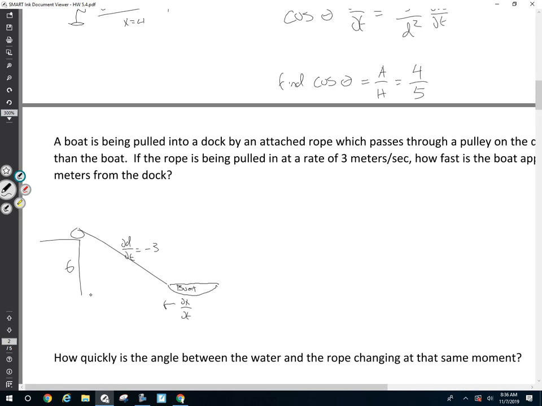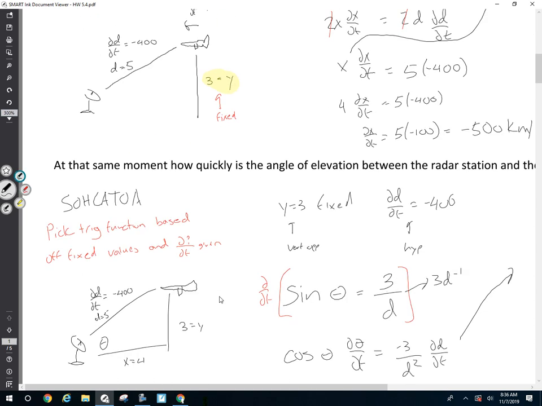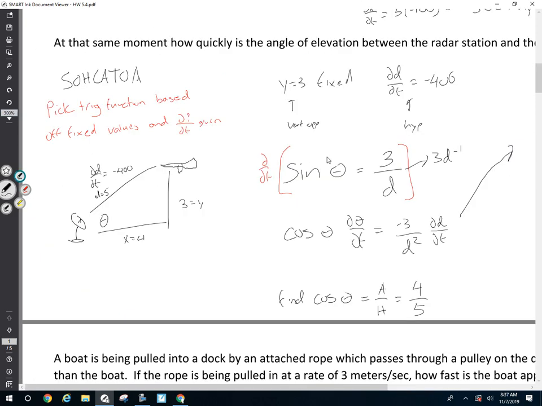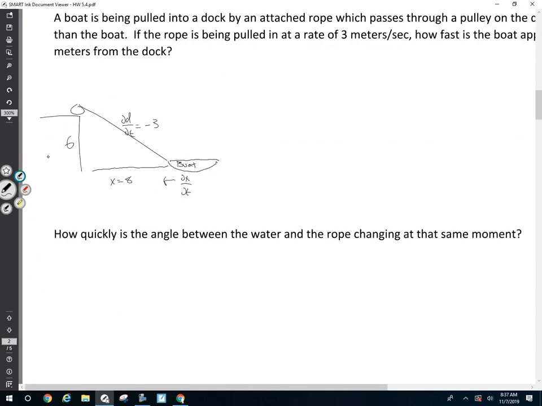When x is 8. Now here's an important point. I forgot to mention here, this d equals 5 is not fixed. Don't plug it into your formula because it's not always going to be 5. Your y is always going to be 3, so I can plug it in. It's the same that's going to happen here. This y equals 6 is always going to be true.